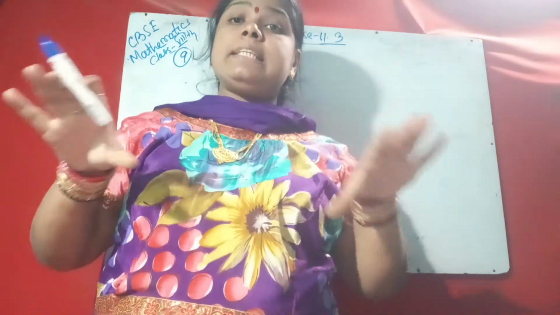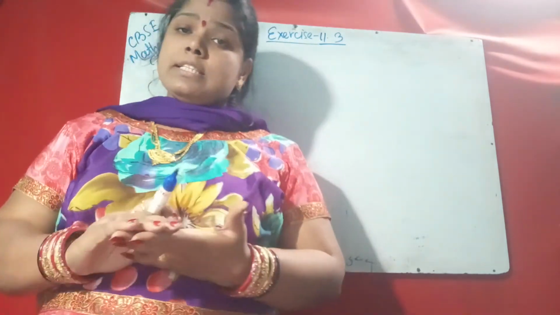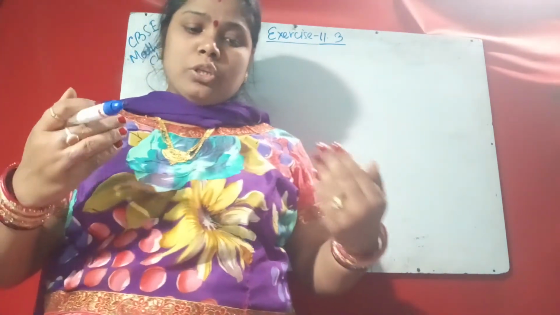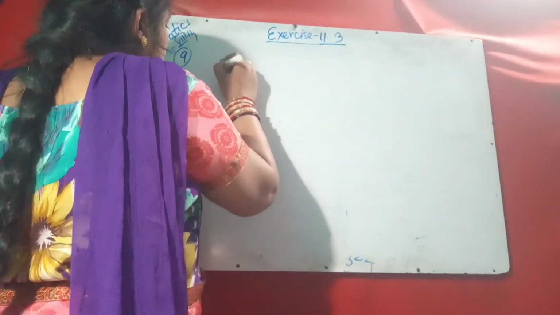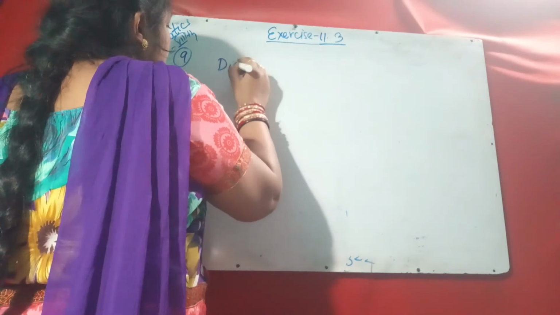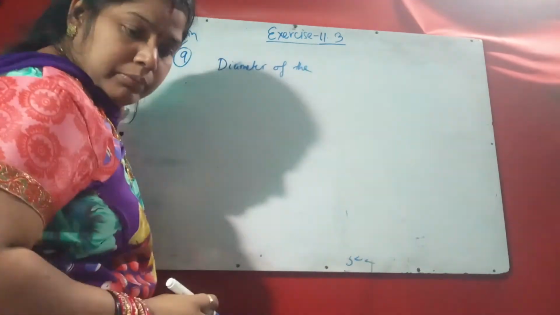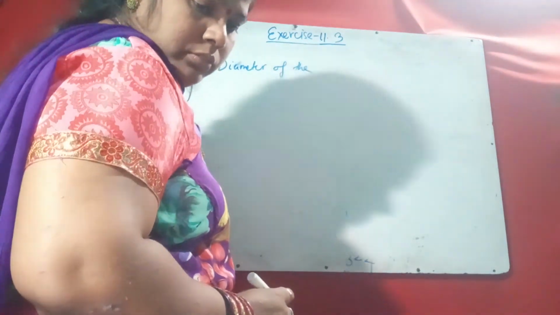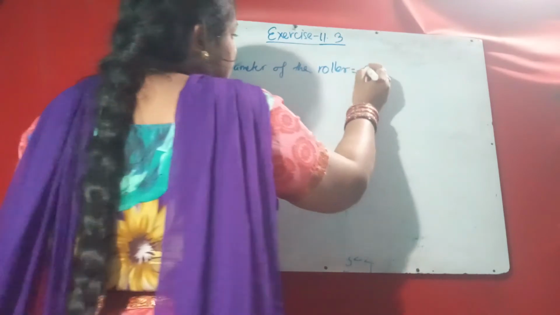The road roller is in cylindrical shape, and its revolution means lateral surface area; the complete surface area is not needed. So you first find the lateral surface area of the roller. The diameter of the roller is 84 centimeter.